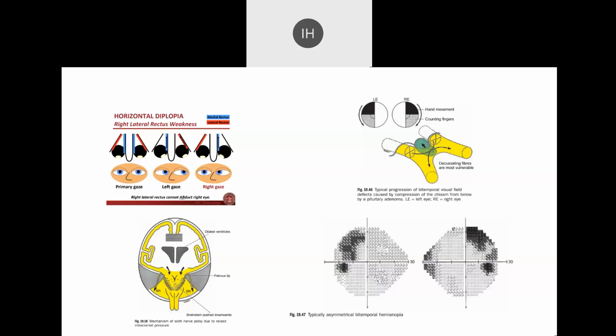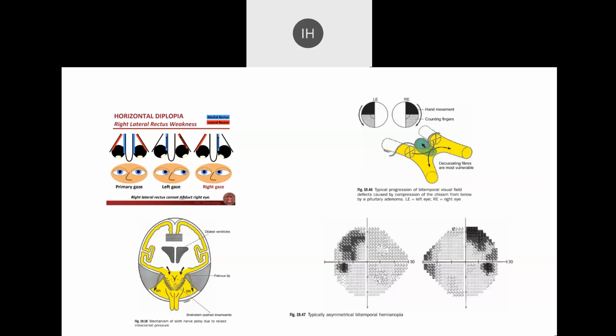It will compress either one or both of the sixth cranial nerves, the abducens nerve. When the nerve is compressed, it will cause cranial nerve palsy, which will cause lateral rectus muscle weakness, and that's when we have horizontal diplopia.